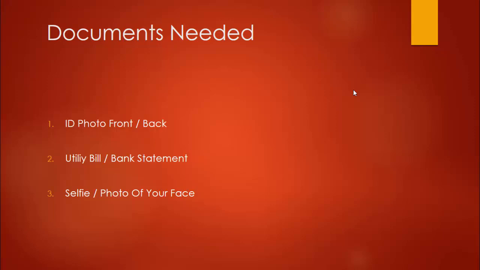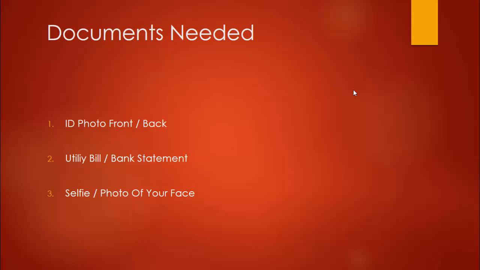In order for them to be able to verify your account and give you permission to do different types of transactions, they will also require a couple of things from you in order to get you verified. One of the first things is a copy or a photo of your national identity card, a front photo and a back photo.